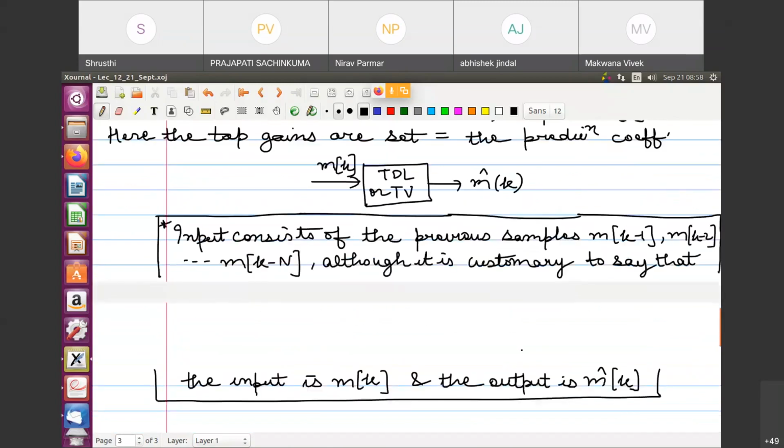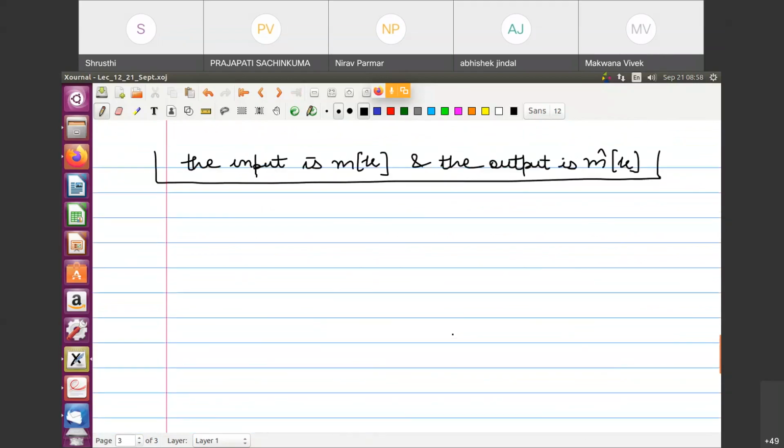So this is the basic predictor which we have introduced through the concept of Taylor series. One thing to write: we have above a very simple procedure for predictor design.